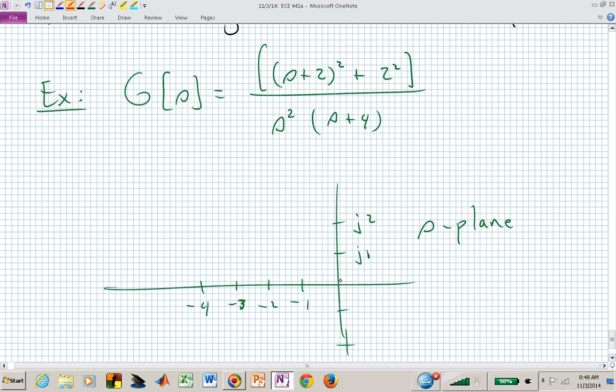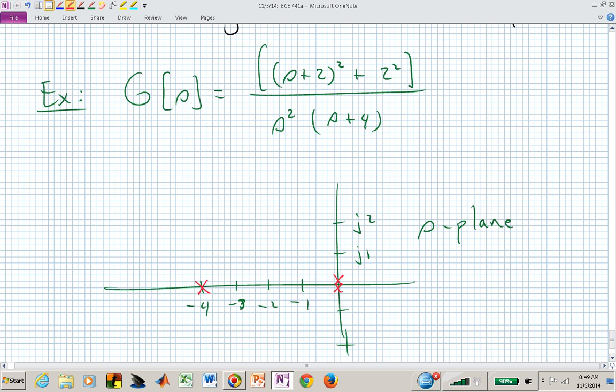I have two poles at 0, so a lot of times I will actually offset those so that you see that I have more than one, but they're both right at the origin. That's the strategy that I will use. Do I have any more poles? I have one at minus 4.